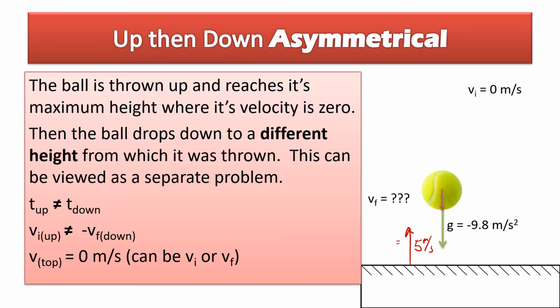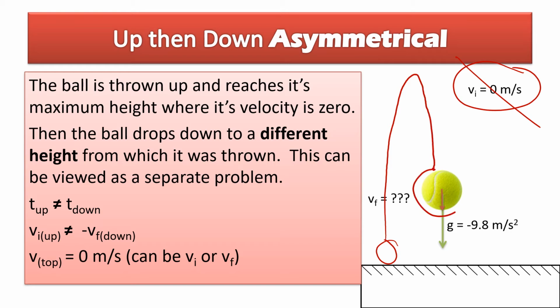Also, the thing that is still true is that the velocity at the top is still 0, and we can break it up into segments now, the first segment and the second segment, and we can either make that 0 the VI or the VF, or we could just ignore the fact that we know that that's 0, but we don't have to use that in our calculations if we want to look at the full path of this thing.